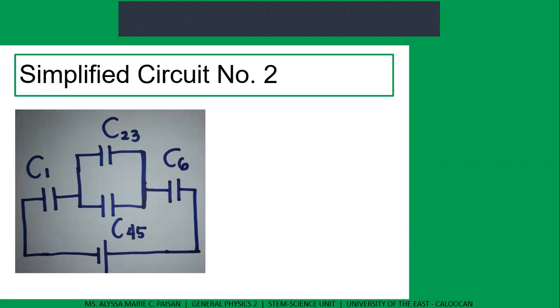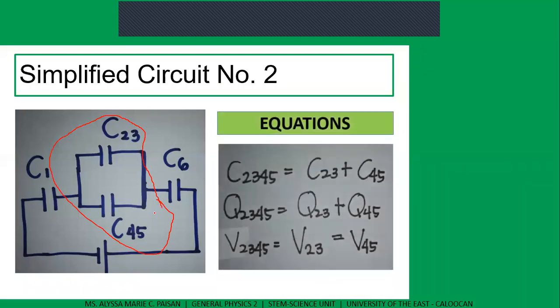And then looking at C23 and C45, it is obvious that the connection of these two is parallel. Okay, si C23 na pinag-combine at si C45 na pinag-combine natin kanina ay in parallel naman pala with each other. Baka series yung nasabi ko kanina, hindi ko natandaan, no? Ayan. So nakaparallel sila.